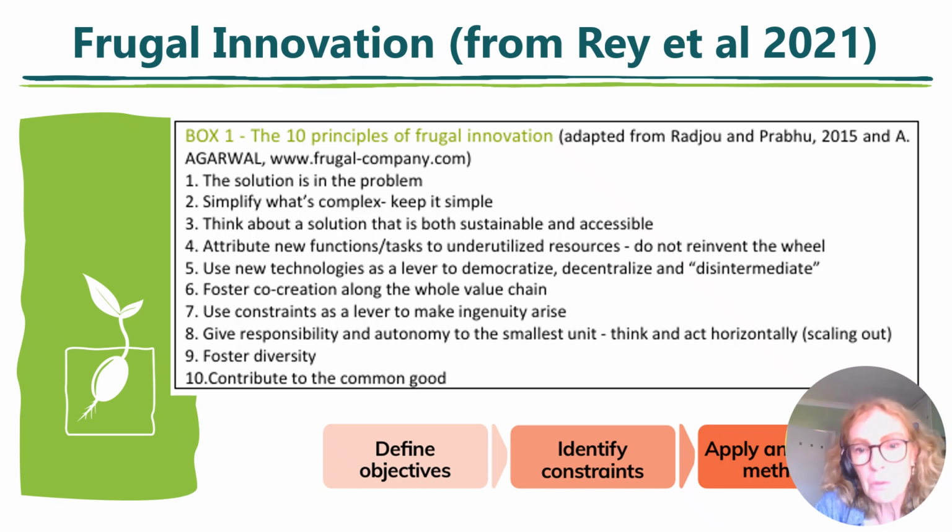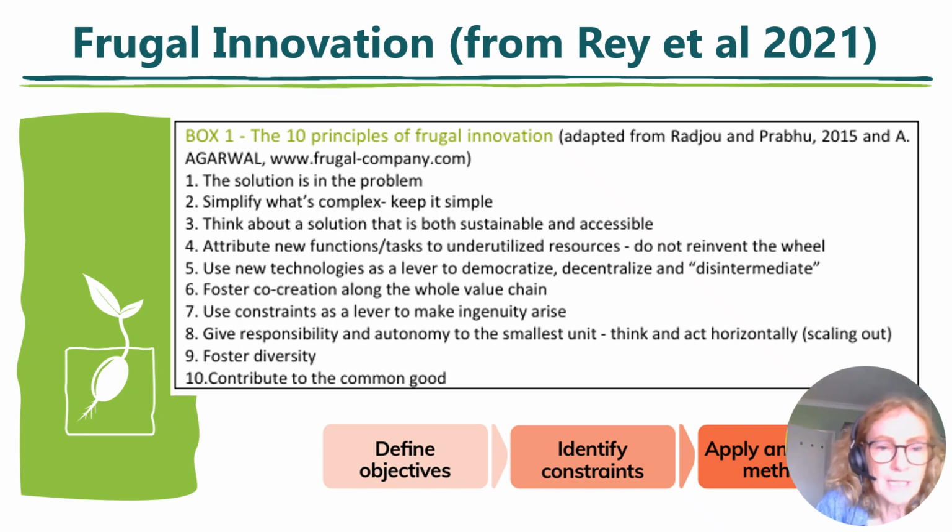So we're going to talk more in some of the later modules about some of the technologies like apps, for instance, for data collection. So don't be afraid of those. We're not talking about not embracing new technologies. We're talking about using them to really democratize this whole process of cultivar evaluation.